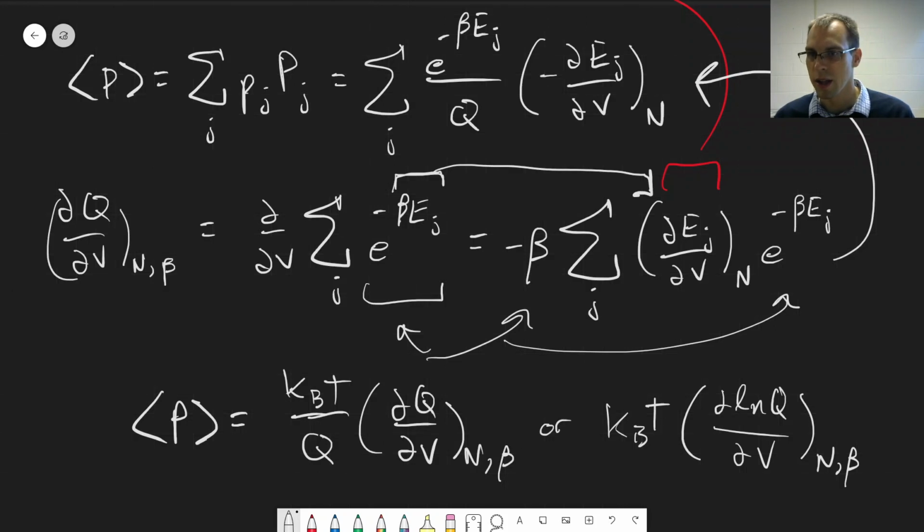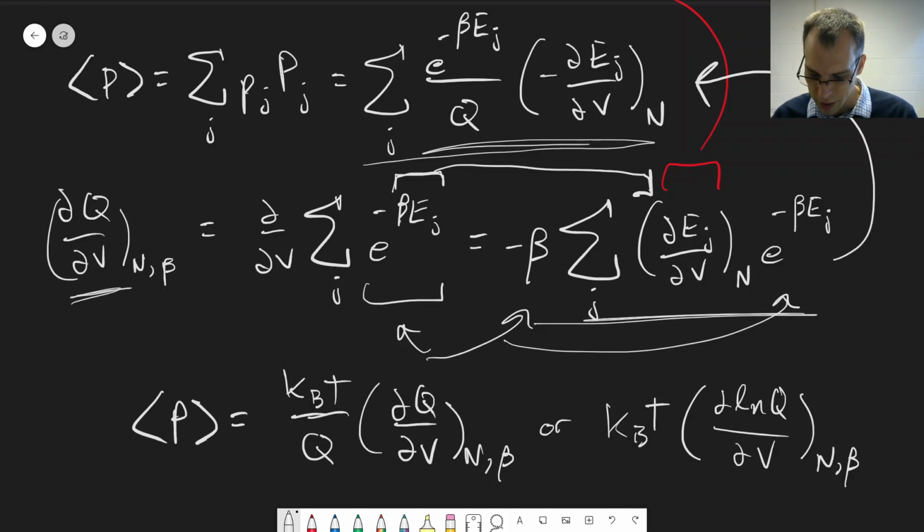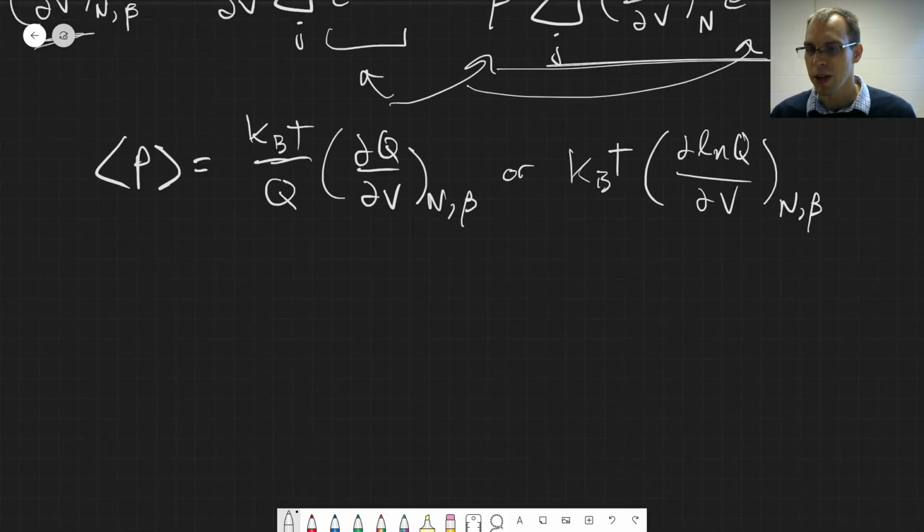Right, so this is looking at our expression up here for the average pressure and relating it to this dQ/dV right here. Because we end up with a term that's adding together all of the, anyway, we can see the relationship here. Okay, and so this gives us a way to calculate pressures.